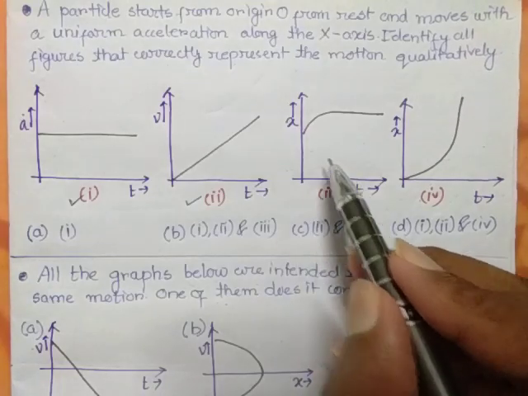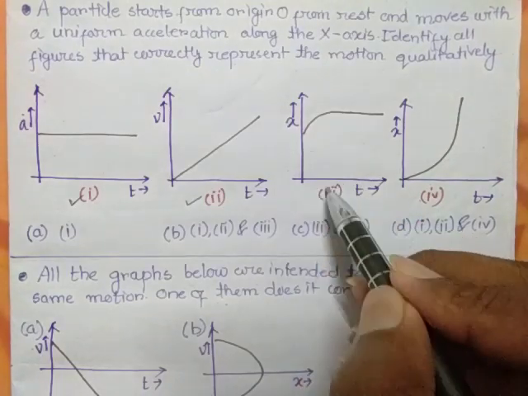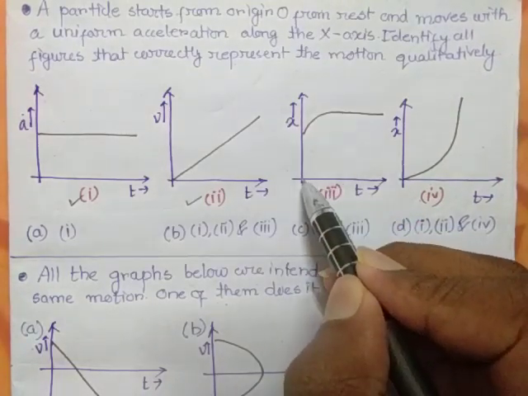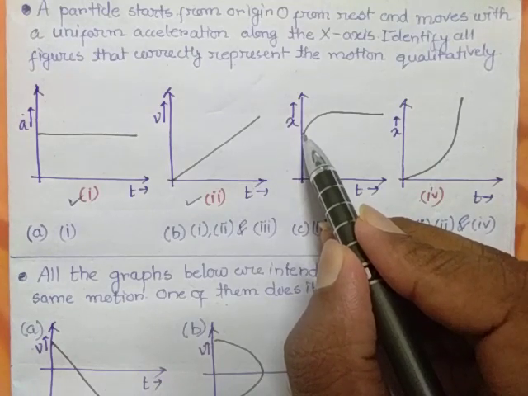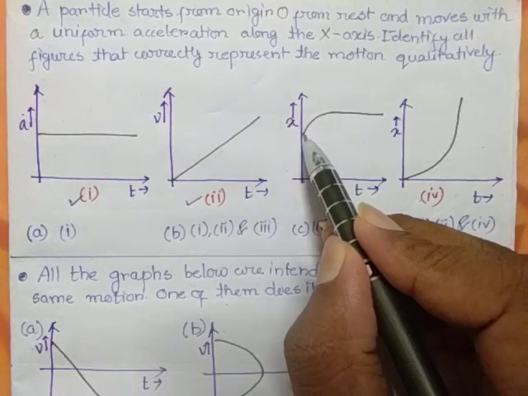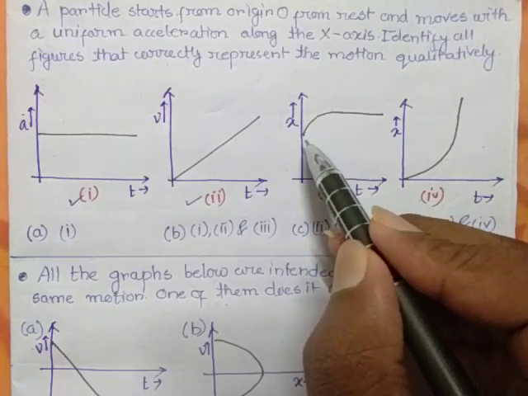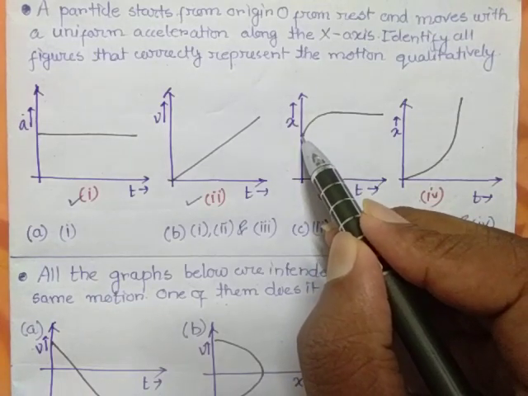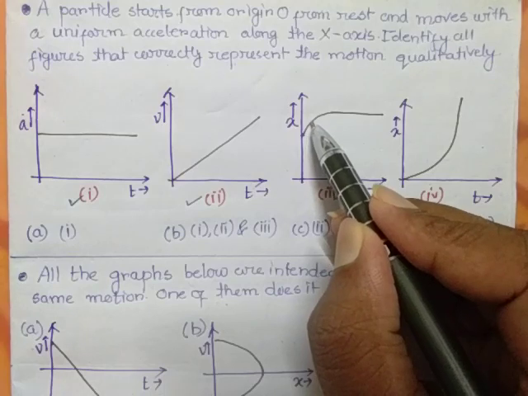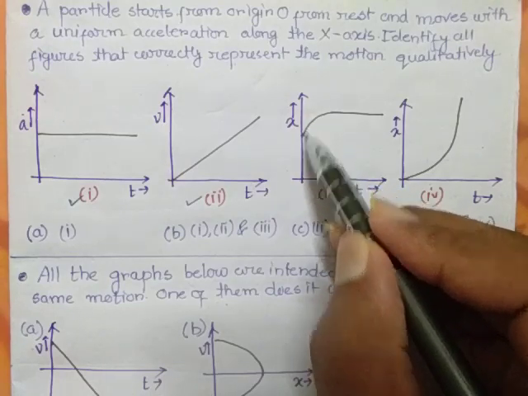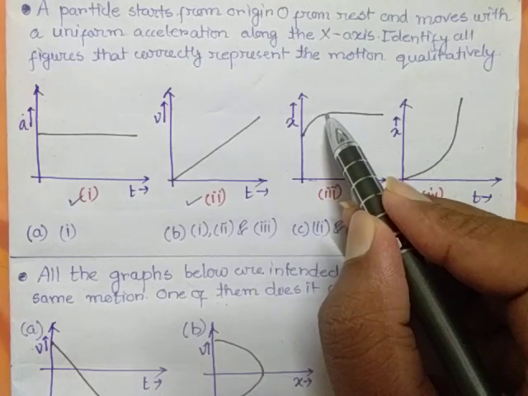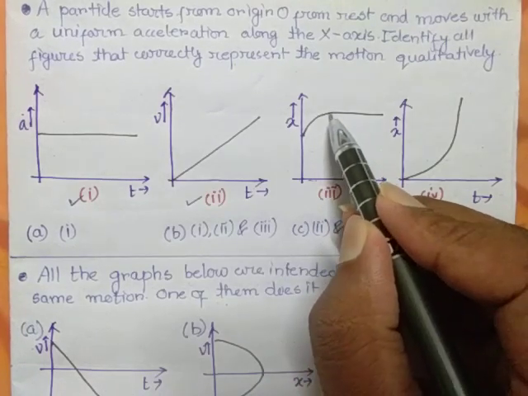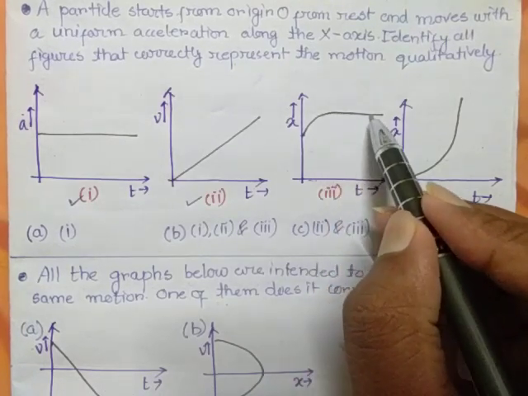Next, here x versus t, obviously x is not 0 at t equal to 0, it will be somewhere here. It starts its motion, let us say from some value x0. After x0 it starts moving with time. The displacement with the time axis is increasing, and after some time interval the curve becomes parallel, so it is not moving.